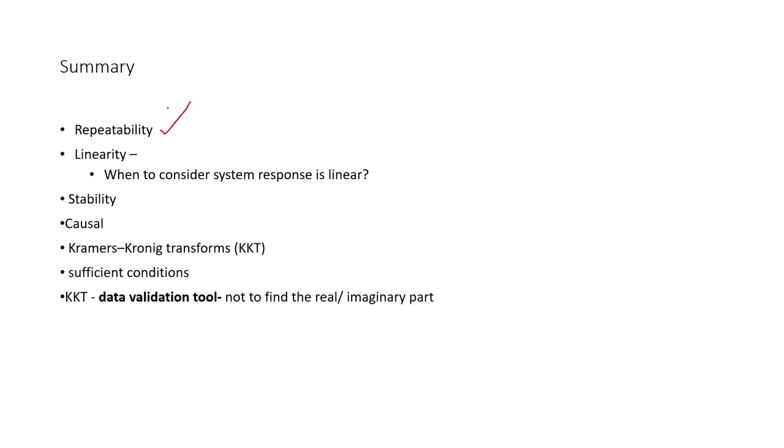Yes, the next thing is linearity. We had seen the previous week that there is a range of perturbation that we can give so that the system will give us a linear response.